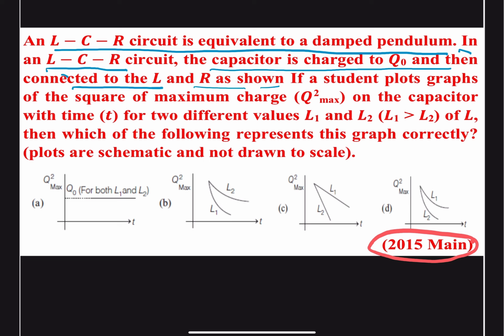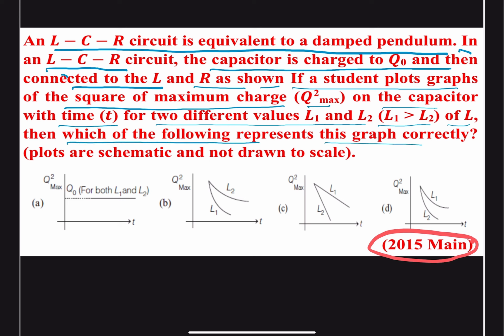If the student plots the square of the maximum charge Q square max on the capacitor with time t for two different values of L, L1 and L2, L1 is greater than L2, then which of the following represents this graph correctly? The schematic is not drawn to scale.